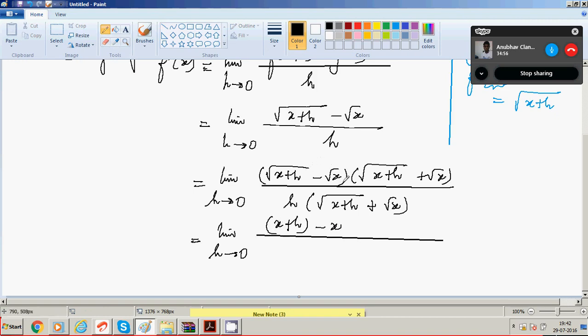So the numerator is a plus b times a minus b, so it becomes a squared minus b squared.